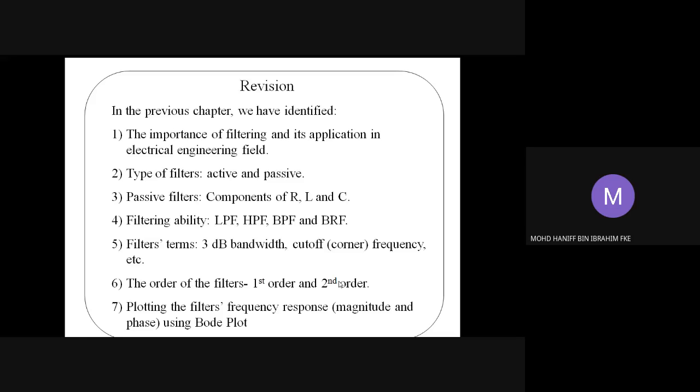And in lecture 17, we have learned about the filter types, starting from the low pass filter. We have learned about two filter types for the first order, which are the low pass filter and the high pass filter.